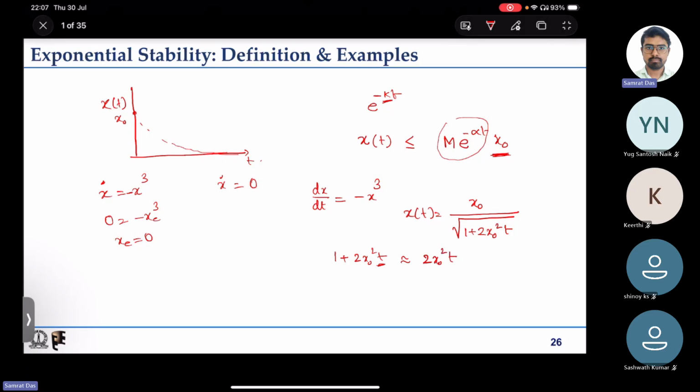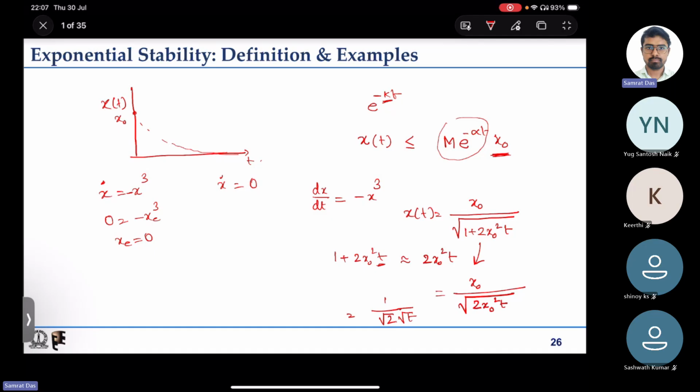The 1 will be negligible compared to that. Then this will become like x0 divided by 2 into x0 square into t, so x0 will get cancelled, and it will be 1 by root 2 into under root of t.